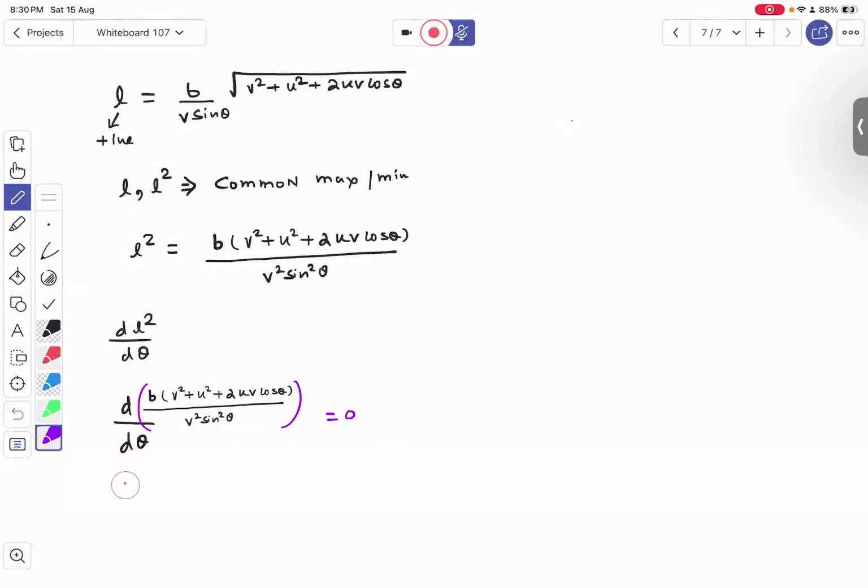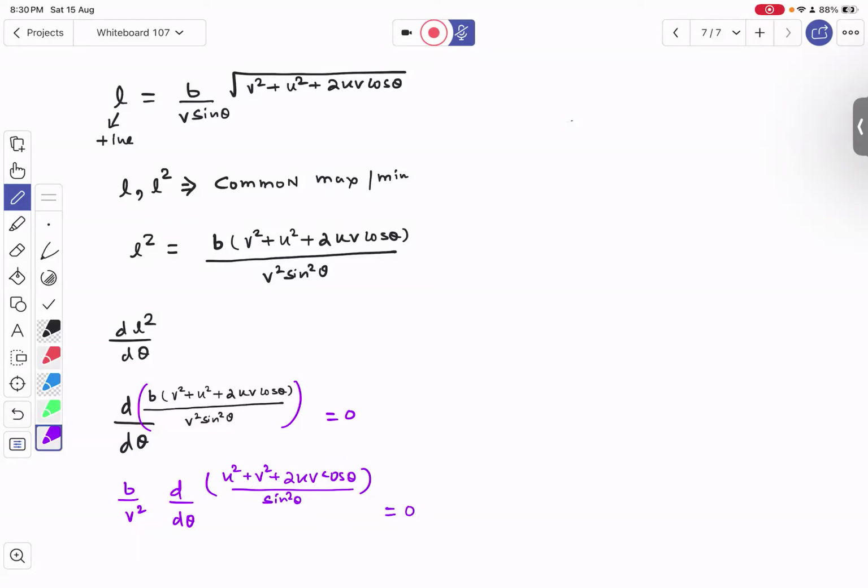So B by V square I can take outside because it is a constant. So it will be d by d theta of, so much lengthy thing to write, but not difficult, U square plus V square plus 2UV cos theta divided by sin square theta should be equal to 0.